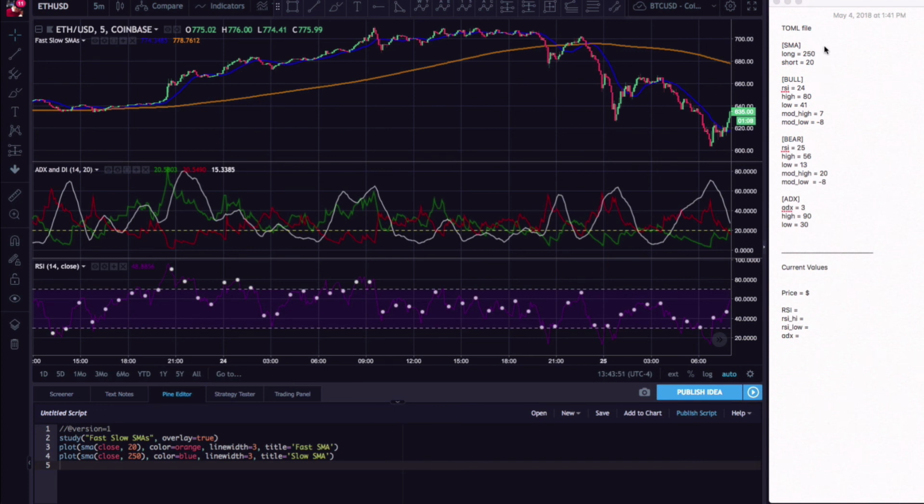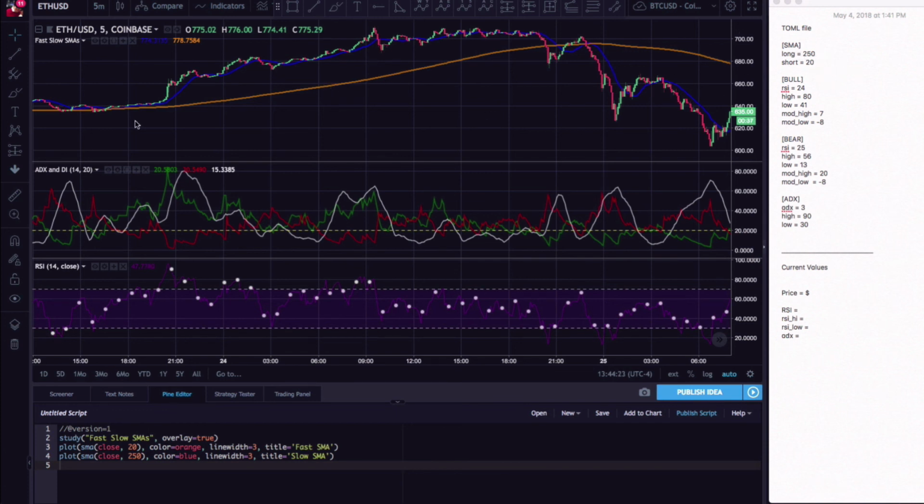On the right side, where I have the TOML file, it lists all the settings that we currently have for the ADX bull bear strategy. Again, these settings and parameters are not the default. These are the ones I got from the Gekko forum. Here, the long is 250, which is matched to the orange line.